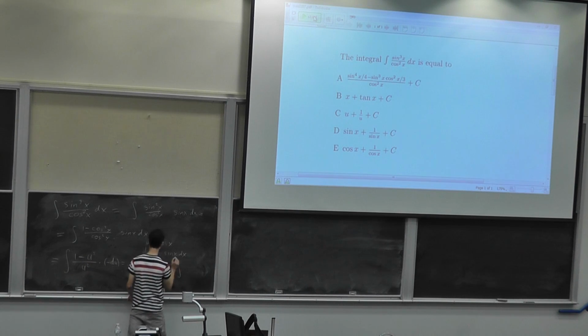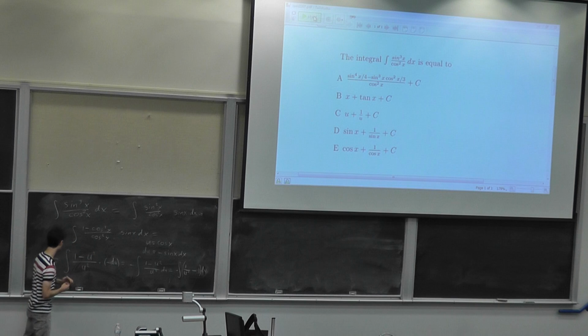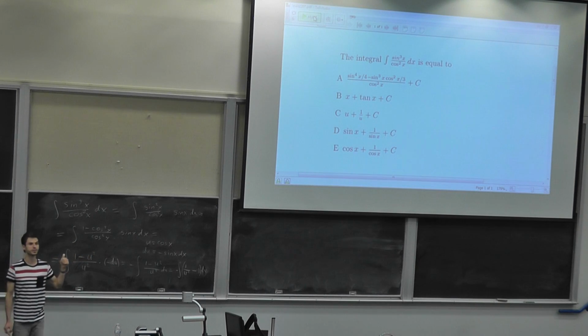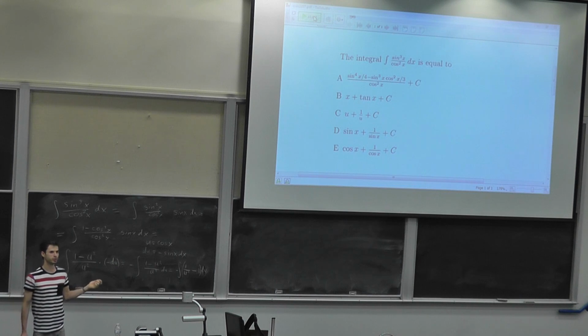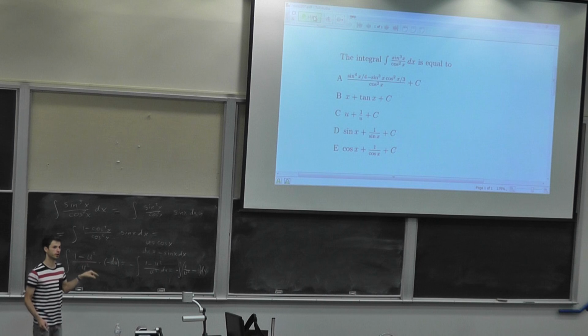So we can do some simple algebra. Rewrite it in the form minus the integral of 1 over u squared minus 1 du. Now we can integrate this. The integral of 1 over u squared, so u to the power negative 2, we apply the formula u to the power n plus 1 over n plus 1.